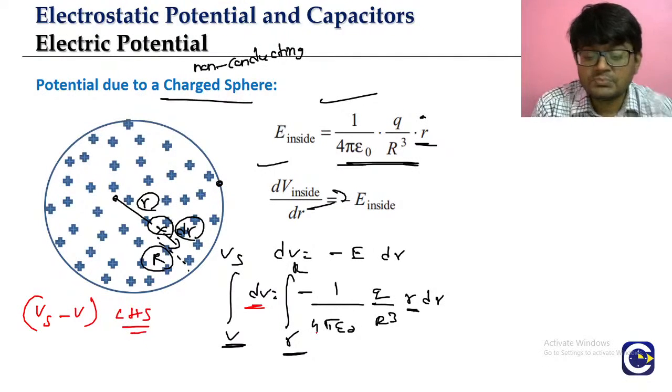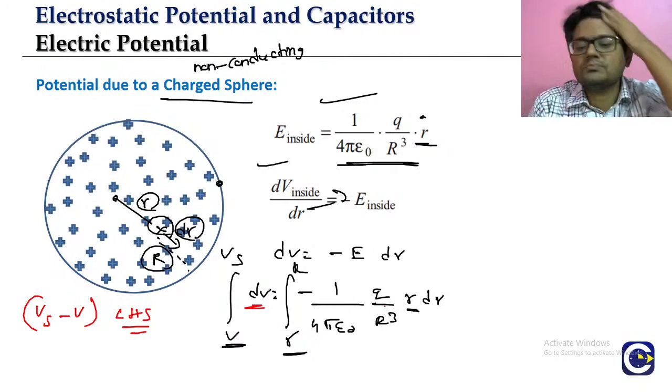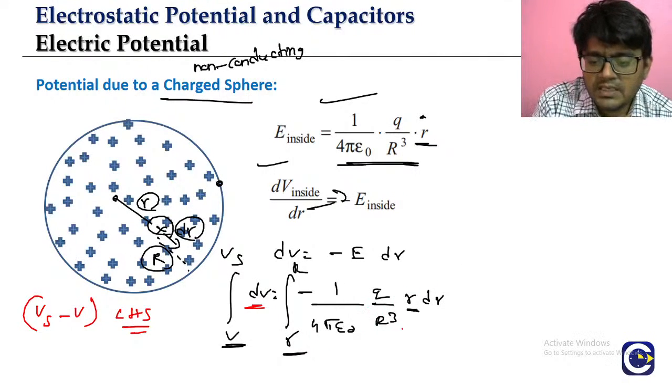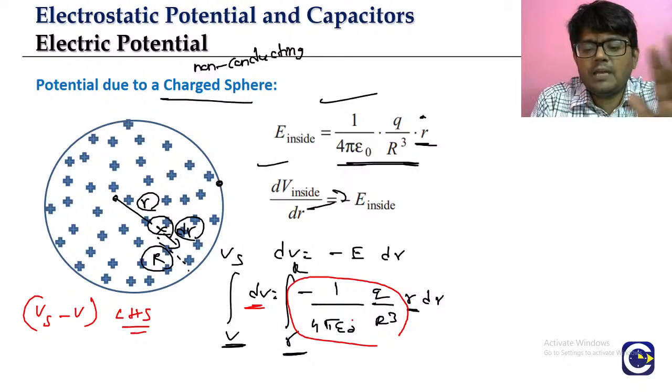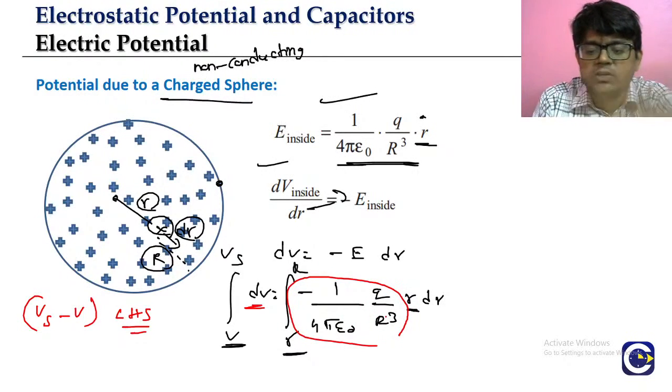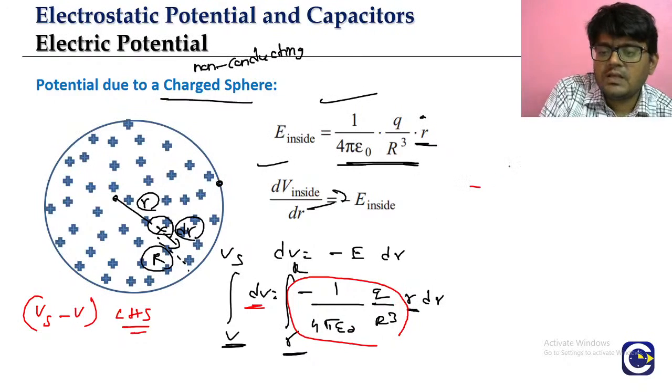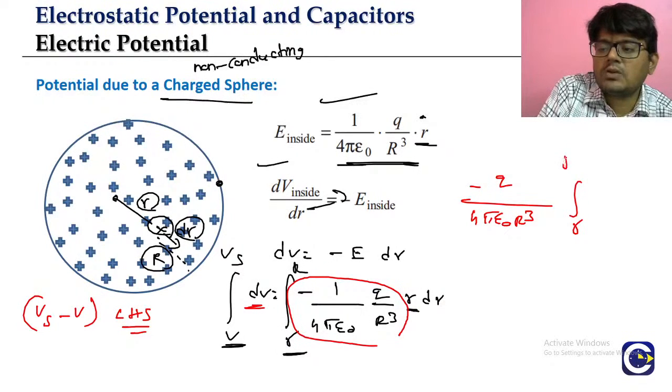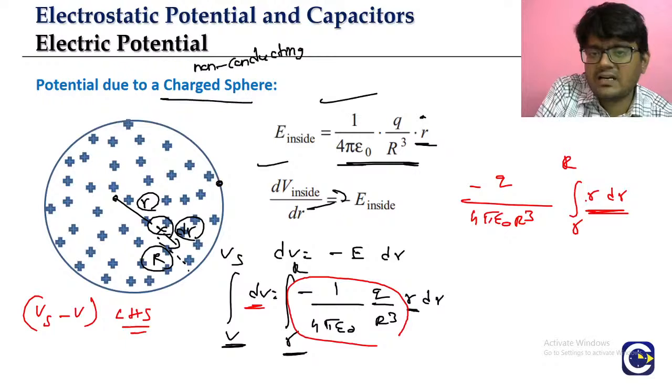We will go to the RHS part. In the RHS, the first term is a constant: minus 1 by 4 pi epsilon naught, q by capital R cube. Everything is constant. So minus q by 4 pi epsilon naught capital R cube, integral from small r to capital R of r dr. What is integral r dr? r square by 2, like integral x dx is x square by 2.